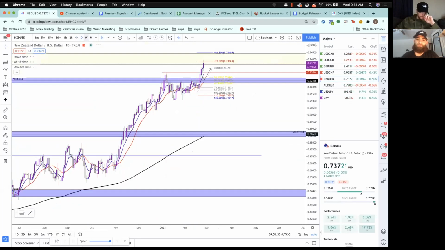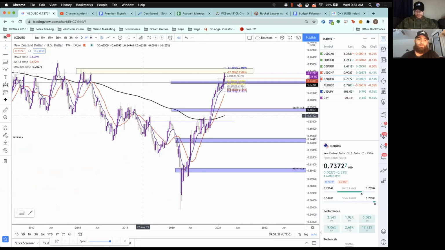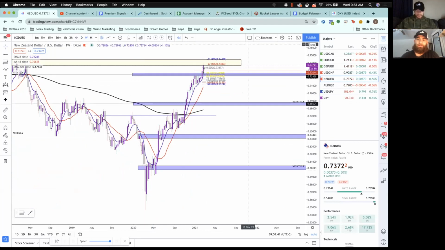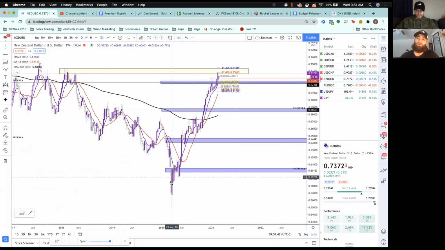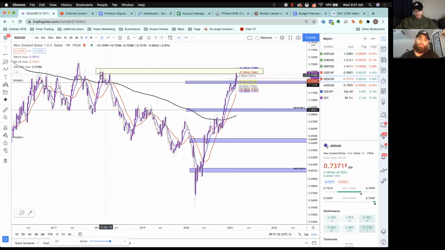So NU is another interesting spot right now. On this weekly time frame, and I'm actually going to start clearing my charts today and redraw some of this, this is overall very bullish. It's been shooting higher and higher. We're coming into a resistance level. This is a supply zone.